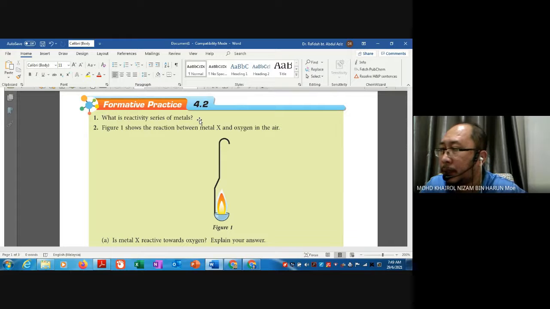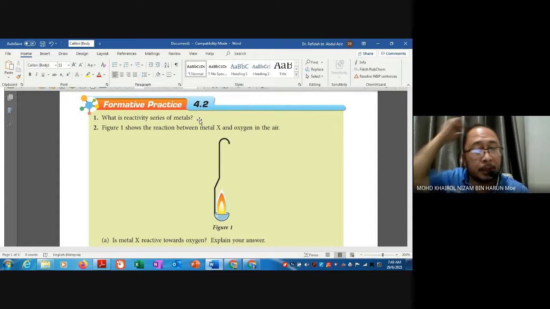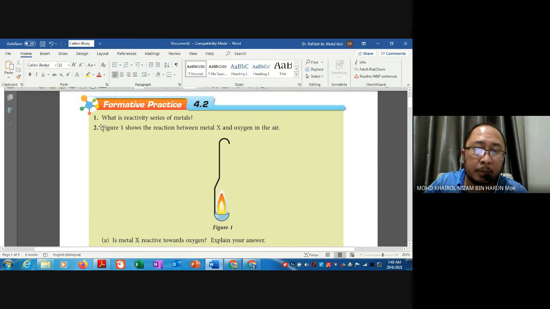They are included in this series even though they are non-metals, because they also react with oxygen, the same as the characteristic of the metals themselves.